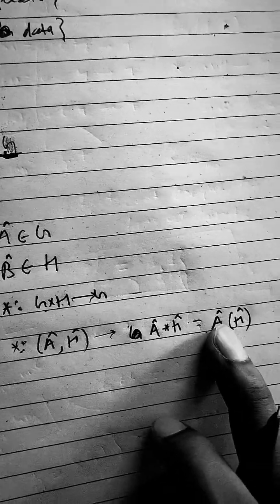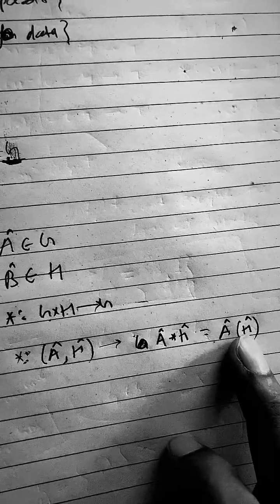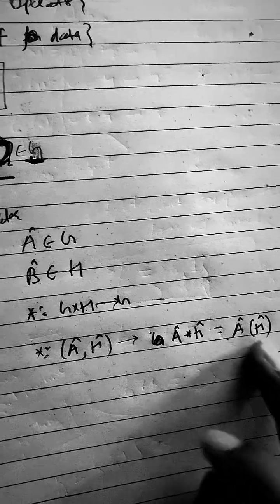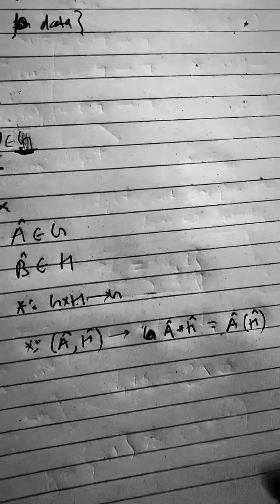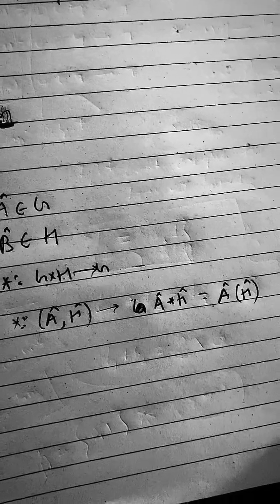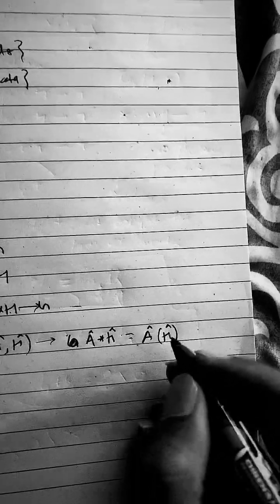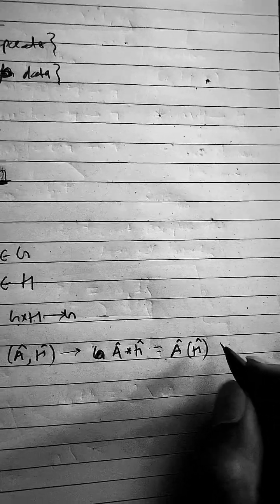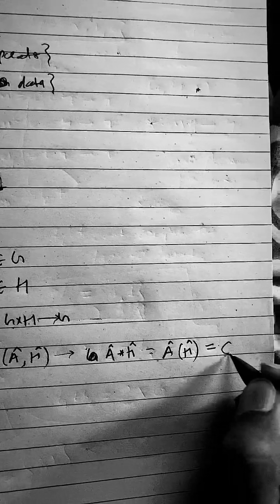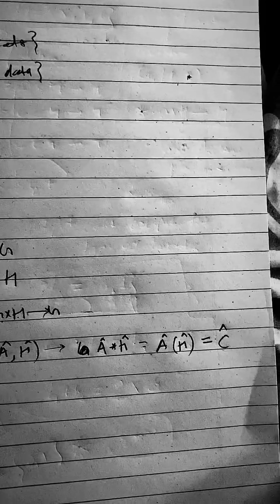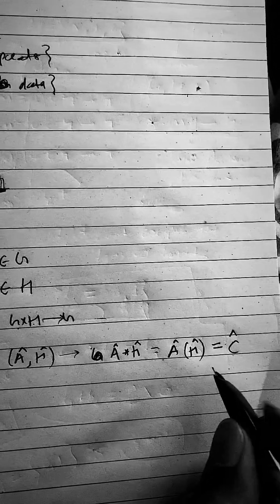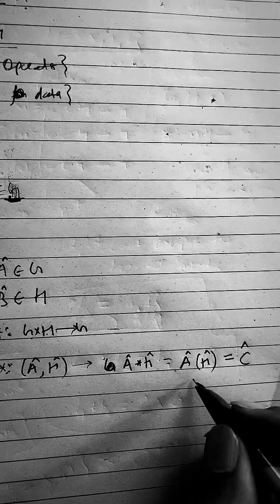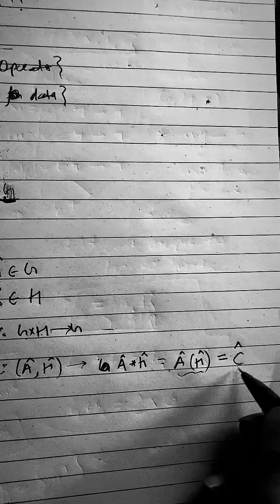When operator A acts on operator H, we get a different kind of operator maybe. So this A of H, let's say, is an operator, and we can get another operator C. So AH equals C.